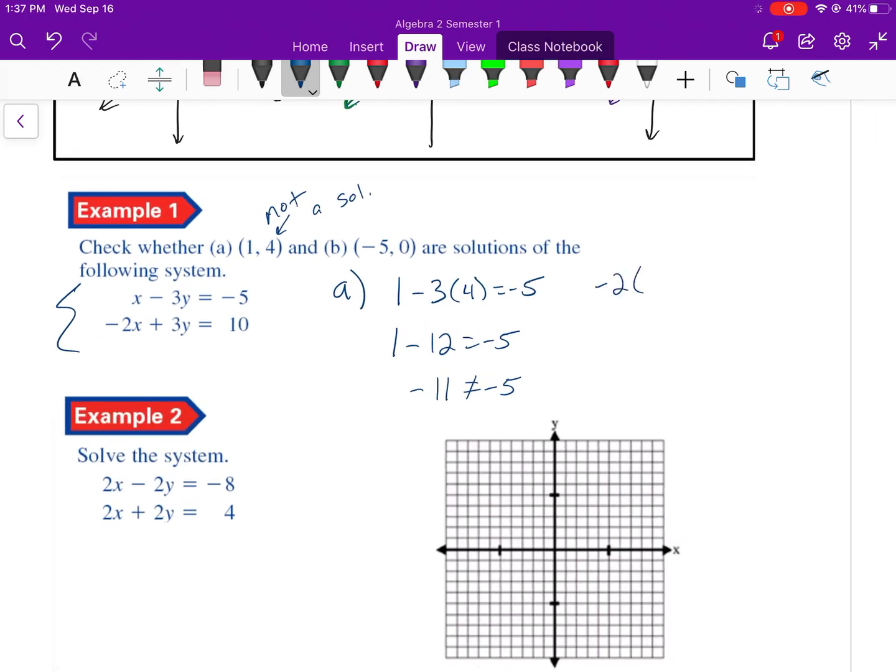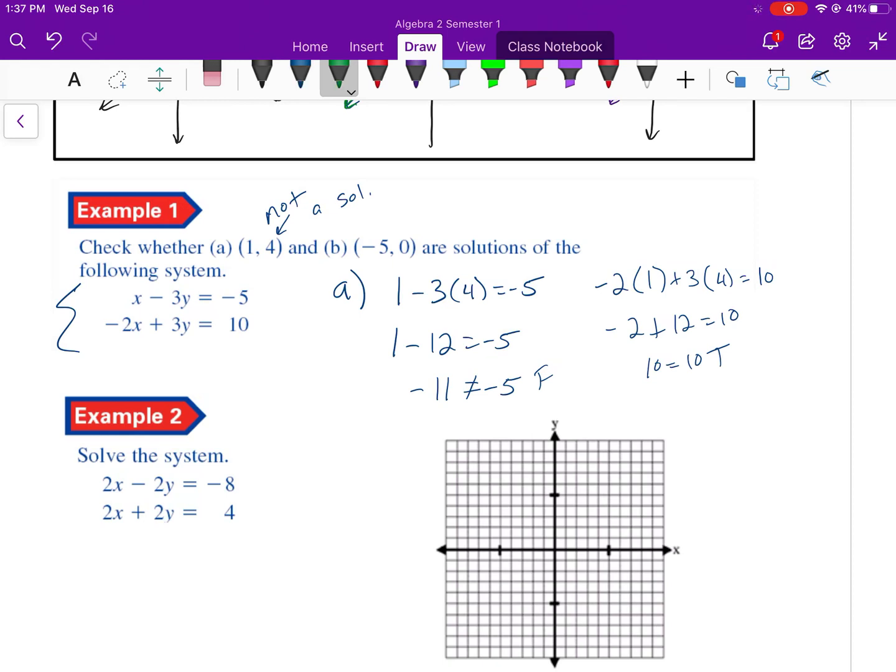Negative 2 times 1 plus 3 times 4 equals 10. Then we get negative 2 plus 12 equals 10, or 10 equals 10. So this is a case where we get one that's true, one that's false. In those situations, it is not a solution, because it has to be true for both.